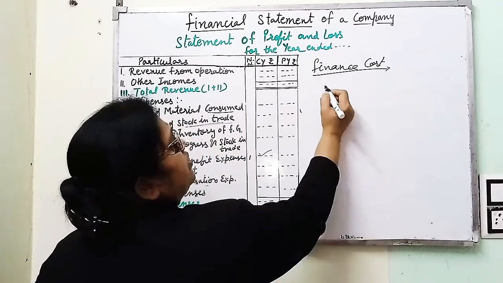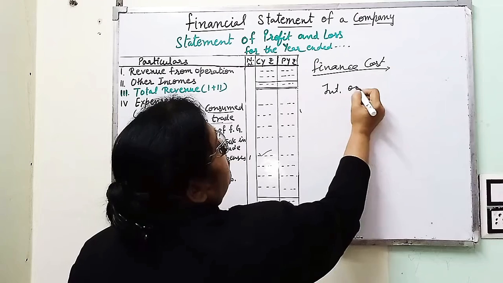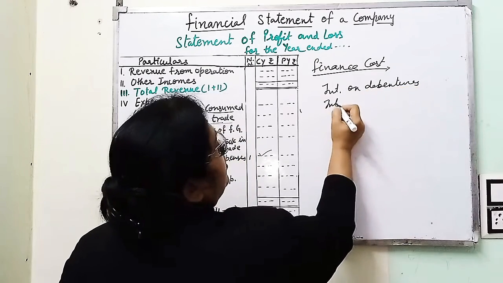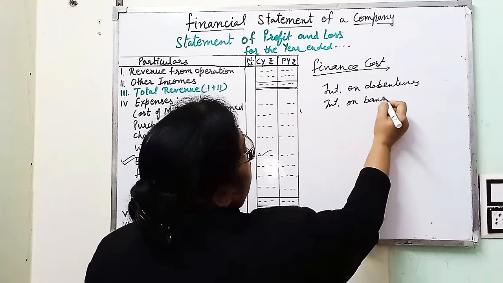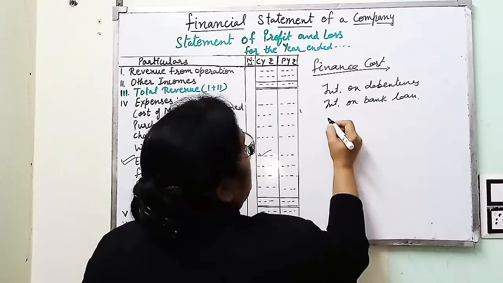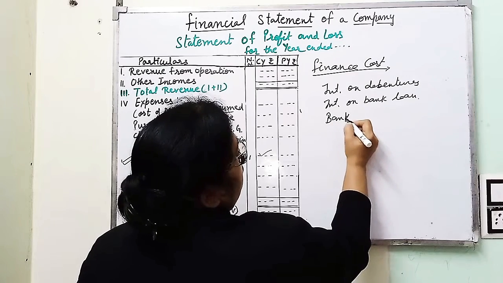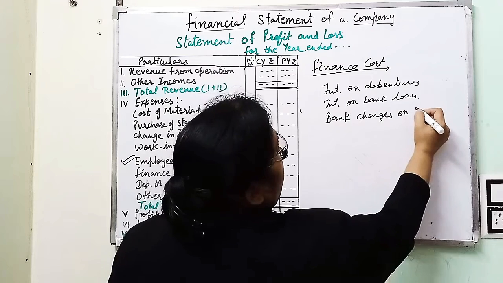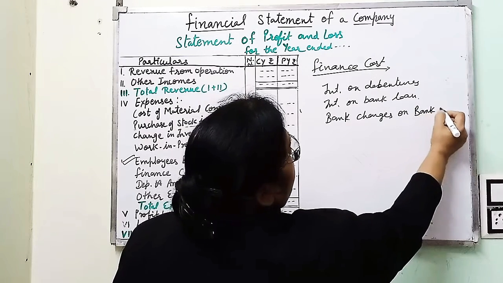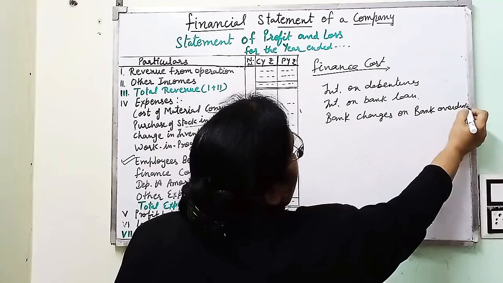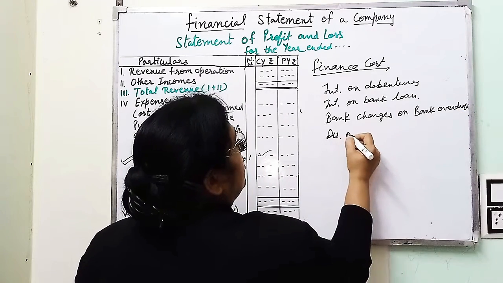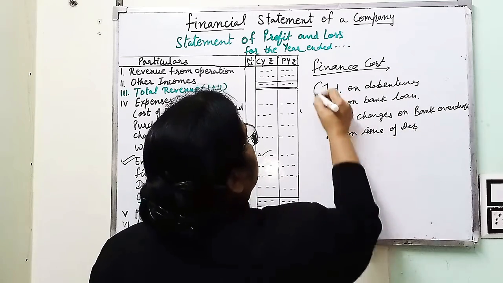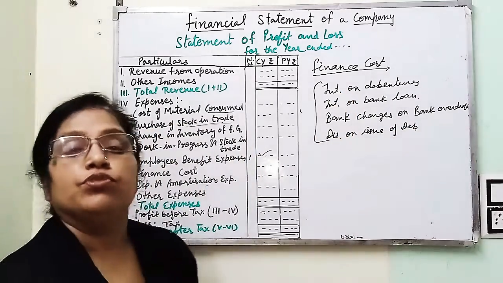Finance cost includes interest on debentures, interest on bank loan, bank charges on bank overdraft, discount on issue debentures. These are some examples of finance cost.